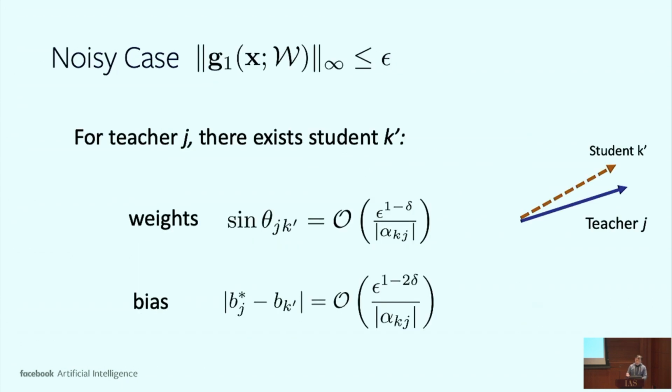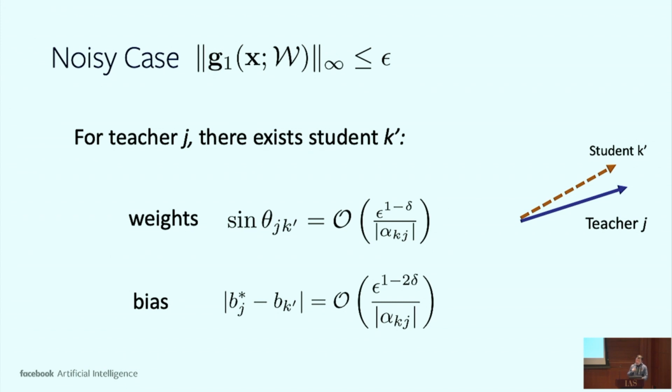You can also show this in a noisy case. I think this is a more realistic case, because if you train for a finite amount of time, you don't really have zero gradient. But still, you can show that in the infinite sample case, you still have this approximate alignment.